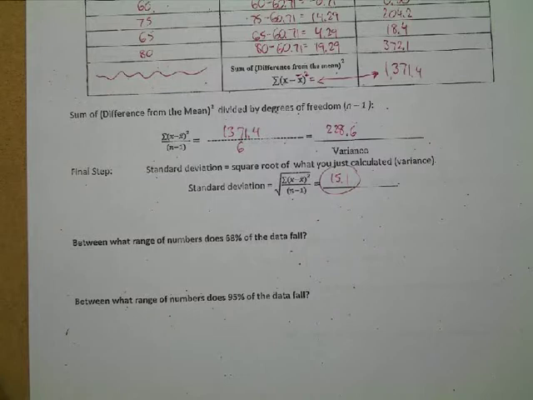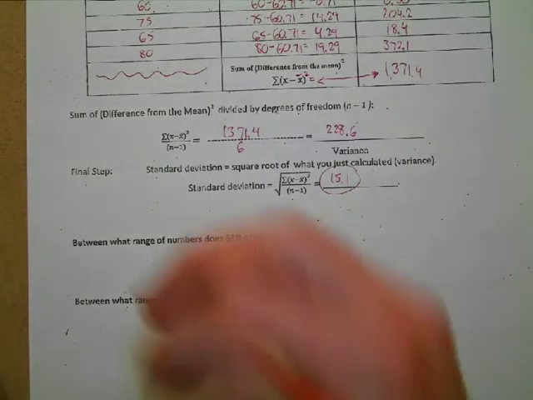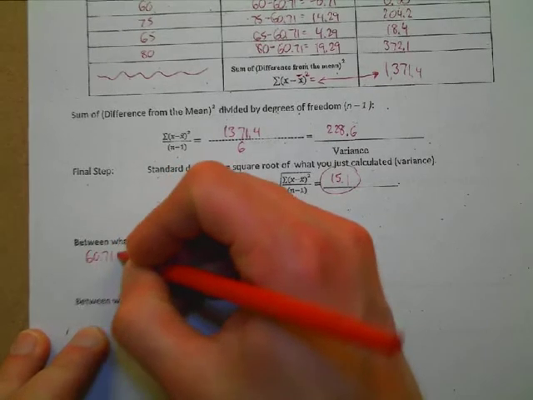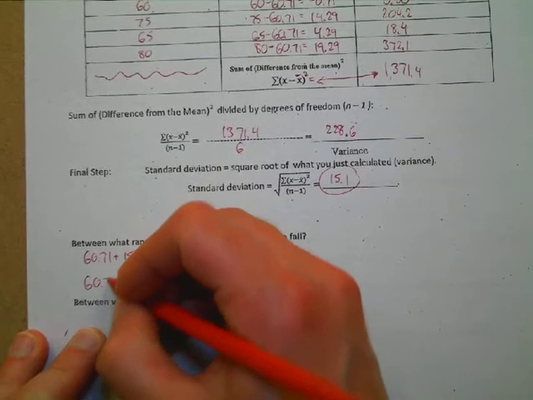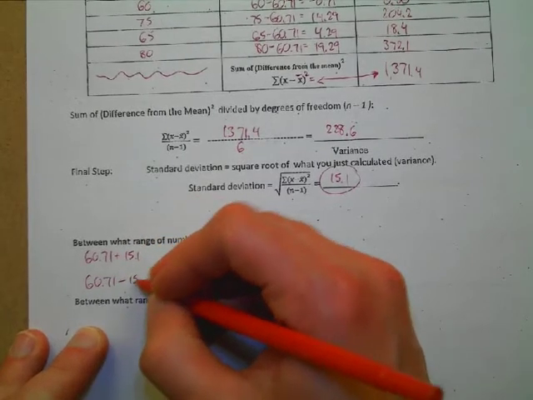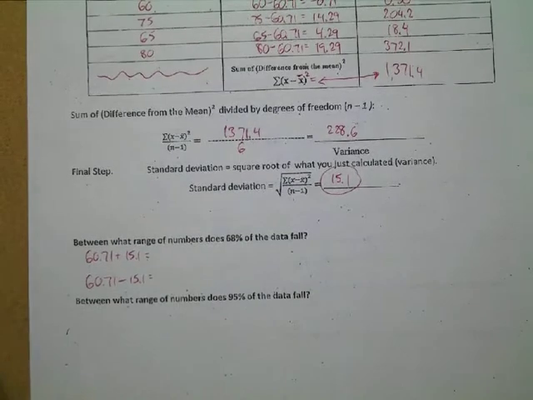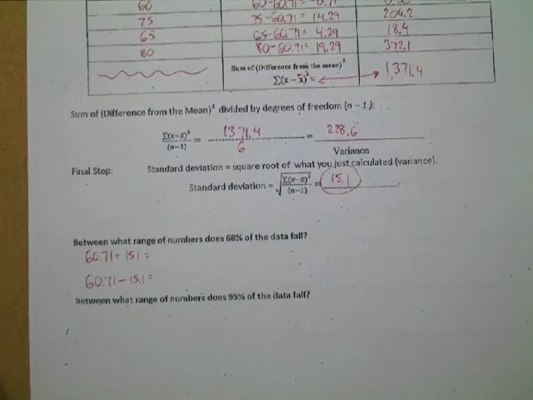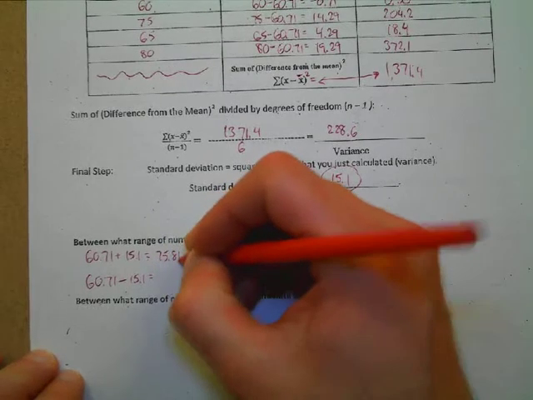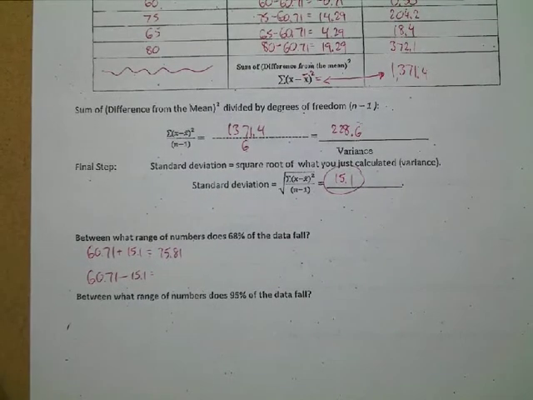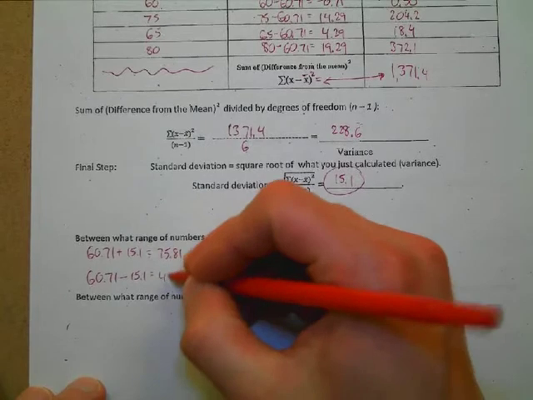What is the mean in our problem here? So we're going to do 60.71 plus a standard deviation of 15.1, and we'll do 60.71 minus a standard deviation of 15.1. Okay, let's do that math. 75.81 is the upper end of our interval, and 45.61 is the lower end.